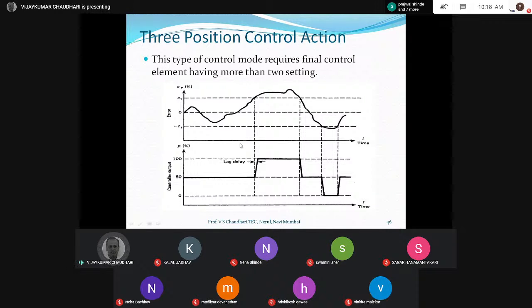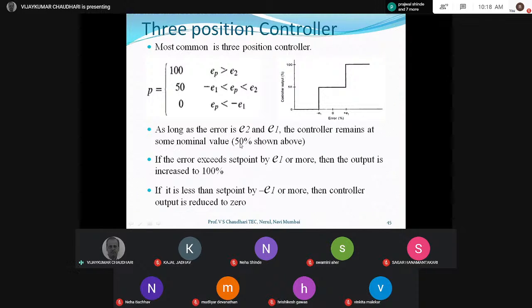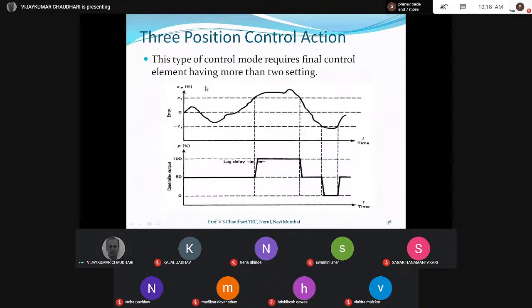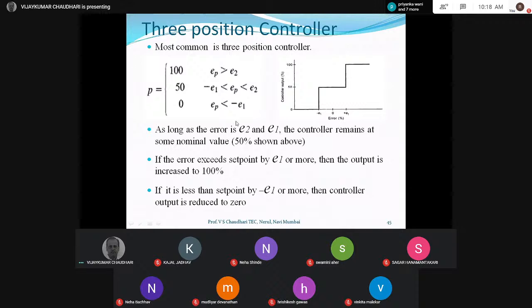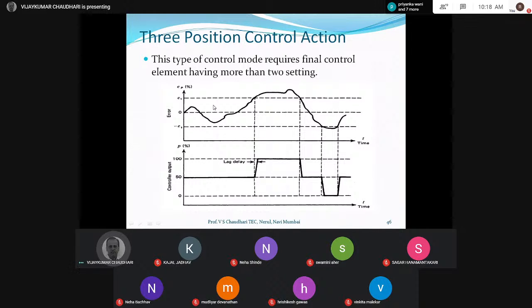And as we saw, applying this, right? Let me copy. Okay. With this, see, if it is between this range, minus e_v to e_v, if the error is between minus e_v to e_v, then the output is 50%.